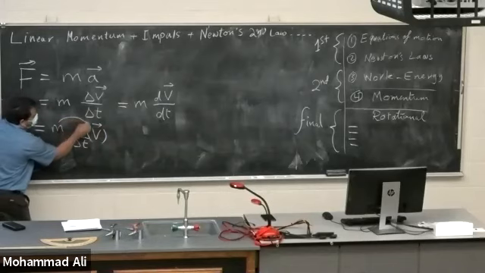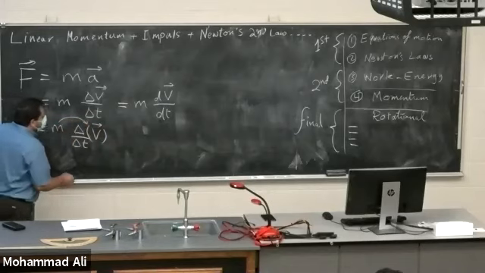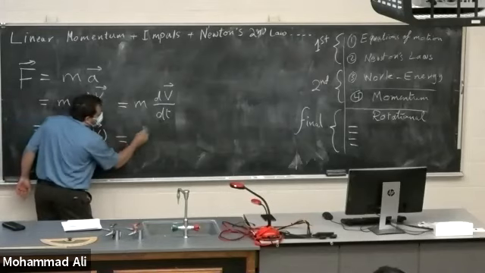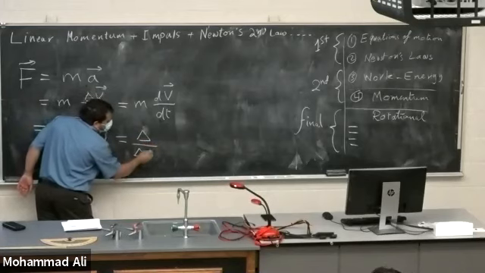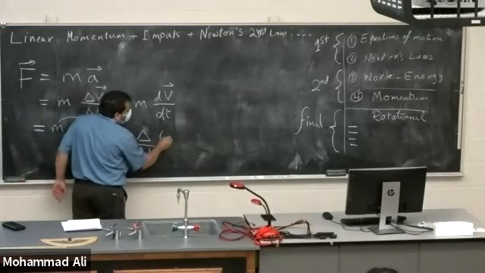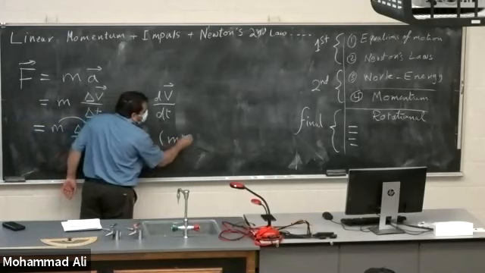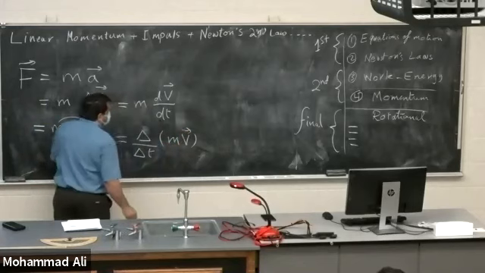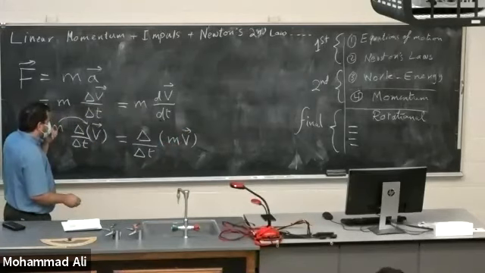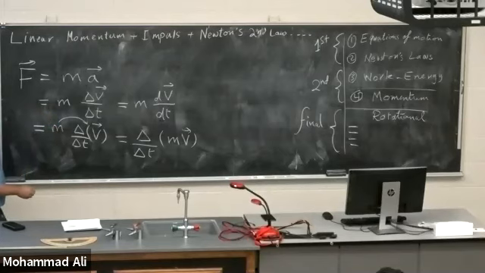The mass will not change. If we apply a change on the velocity, it will not affect the mass. So we can put the mass inside here. So it will be like this. The change over the change in time of the mass multiplied by the velocity. This is just a number, the mass.